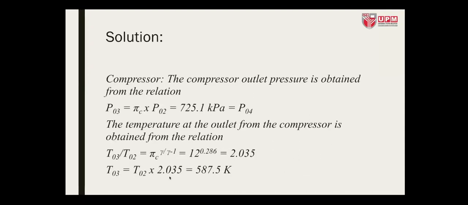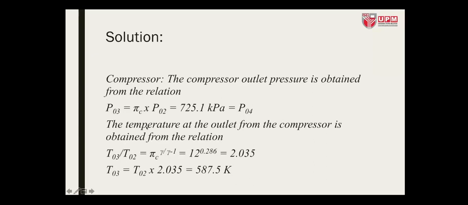Let's move on to the compressor. At the compressor, the compressor outlet pressure is obtained from this relationship, where PO3 is the compressor outlet pressure. We have the compression ratio given as 12 times PO2 that we obtained earlier, which is also equal to PO4.